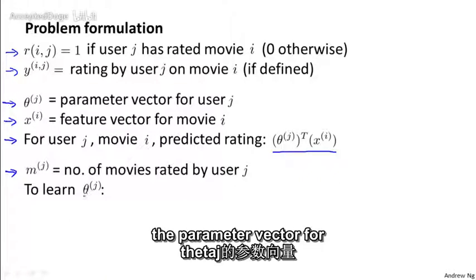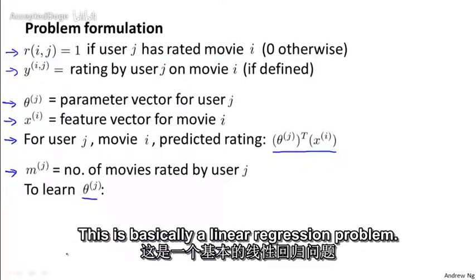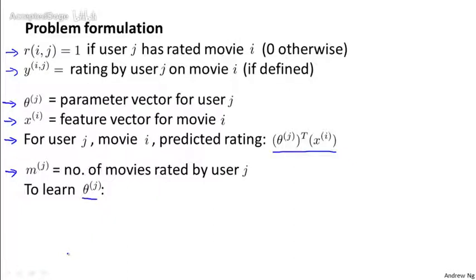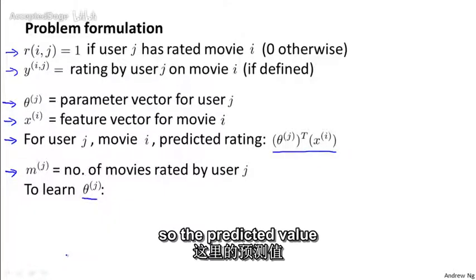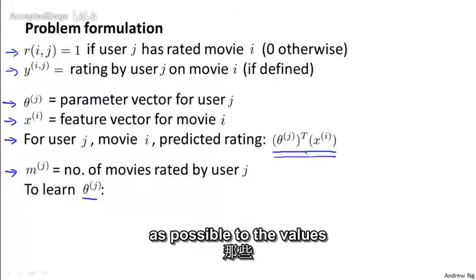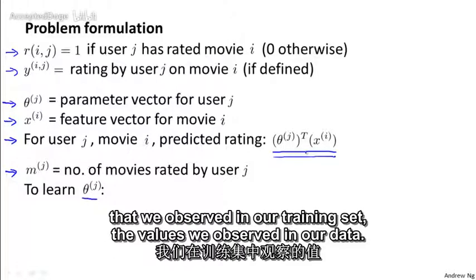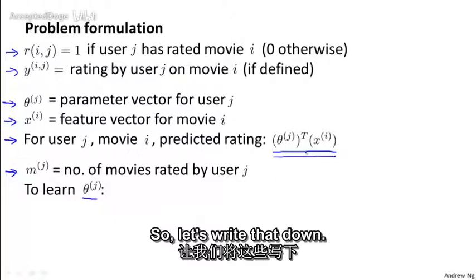Now, in order to learn the parameter vector theta j, how can we do so? This is basically a linear regression problem. So what we can do is just choose a parameter vector theta j so that the predicted values here are as close as possible to the values that we observed in our data. So let's write that down.